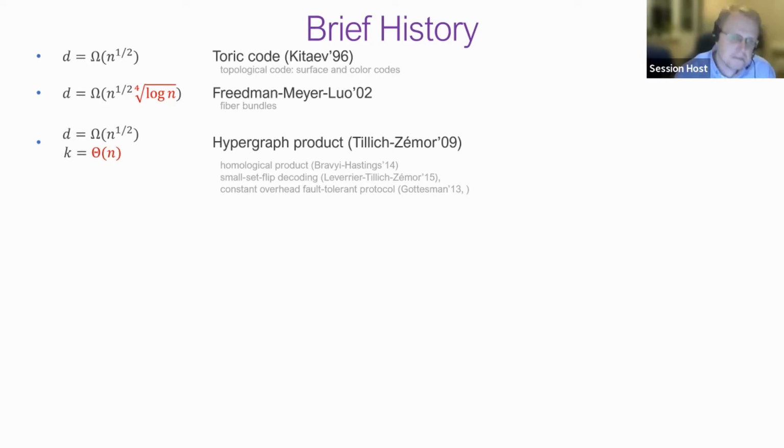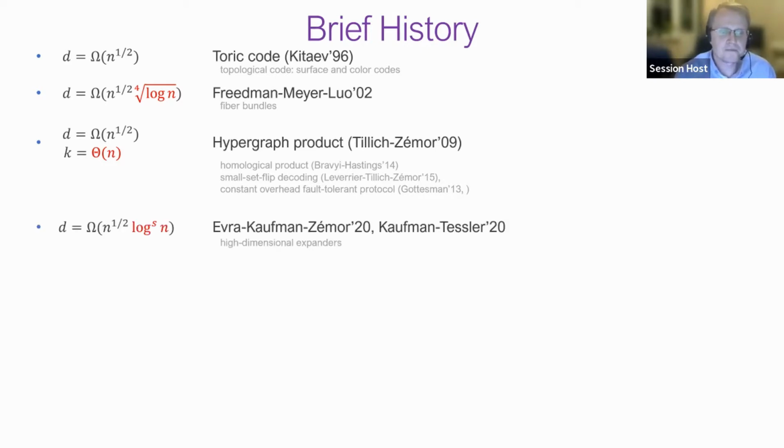And then it was followed by a number of also very great results by Breuckmann and Hastings and other people. For example, the small-set-flip decoder was introduced that can efficiently decode these codes. And it was even shown, using these constructions, that a constant overhead fault tolerant protocol can be implemented using the result of Gottesman.